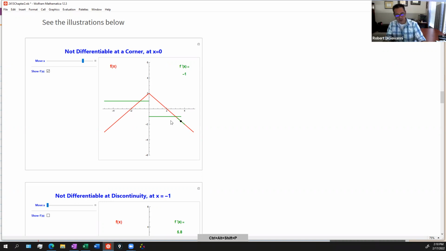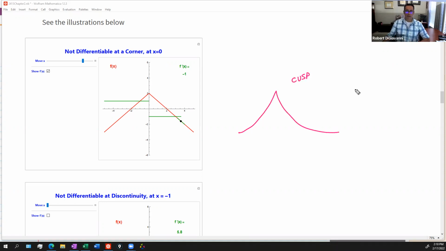A cusp looks like this. That's a cusp. It's two curves coming together into a point. So at the corner, at that point on the cusp, you cannot have a derivative. The derivative does not exist there. It is not differentiable there.